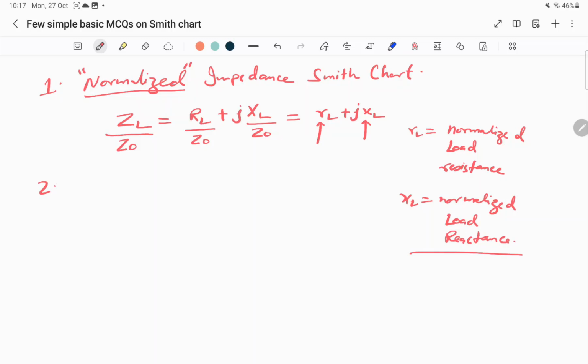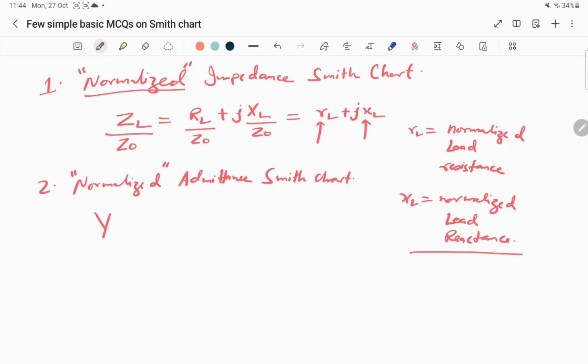Next, normalized admittance Smith chart can also be plotted.